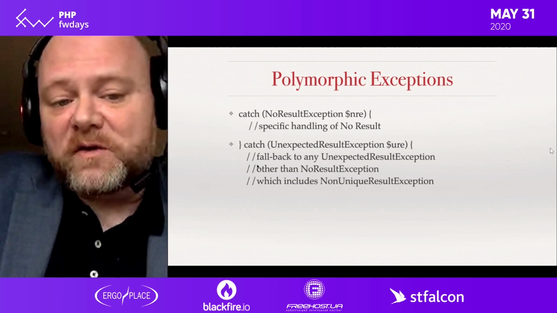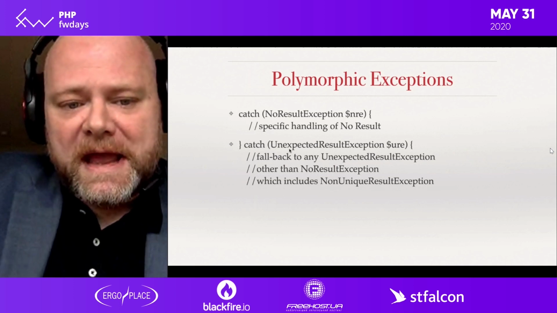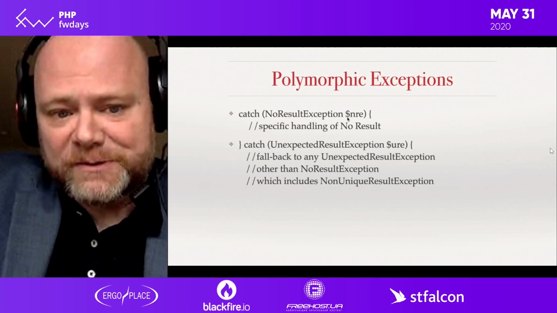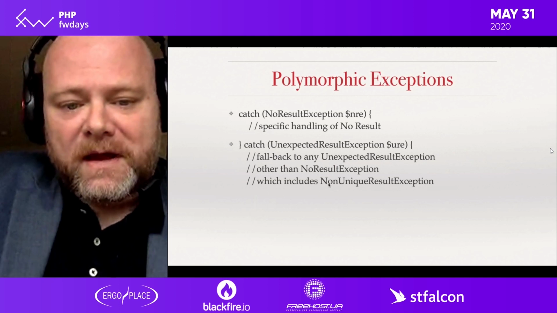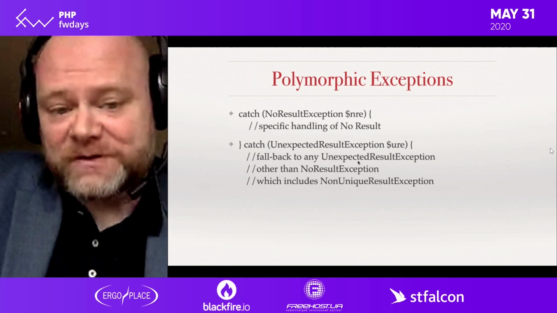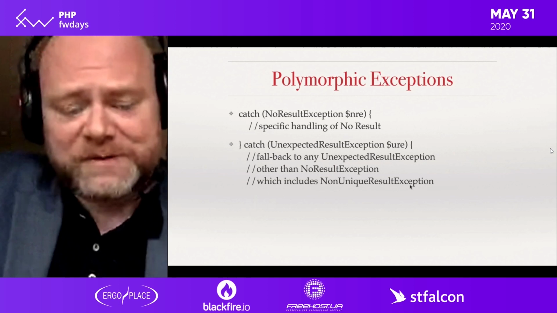So it's basically a fallback. This catch block is going to handle any unexpected result exception that is not no result exception, which means it's most likely to be a non-unique result exception. So basically, this catch block is going to handle a non-unique result exception.